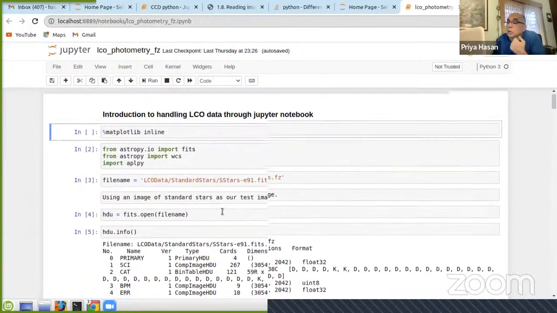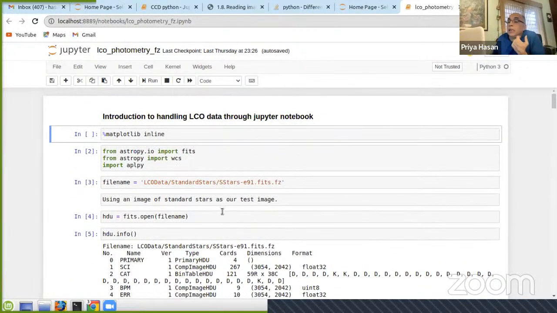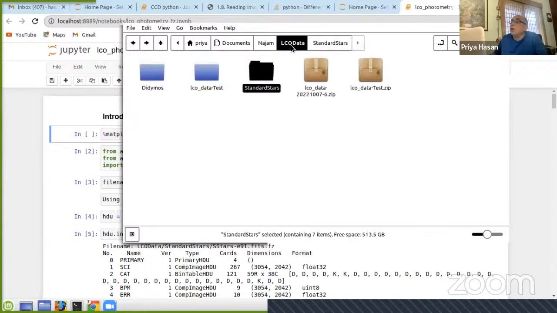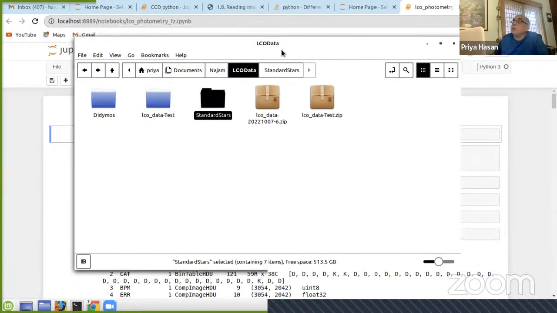And then we'll use AstroPy, which is a module for doing astronomy through Python. And like Priya has shown you, you make a directory and download the data. For example, you can see this, from the location I've downloaded.